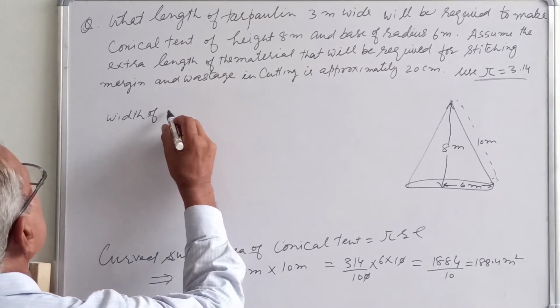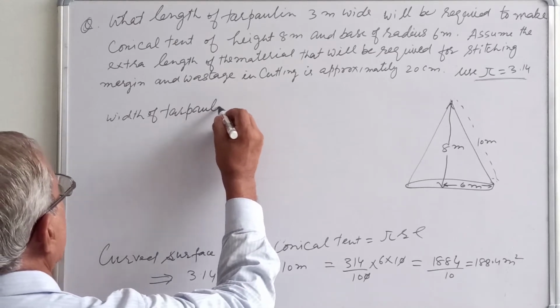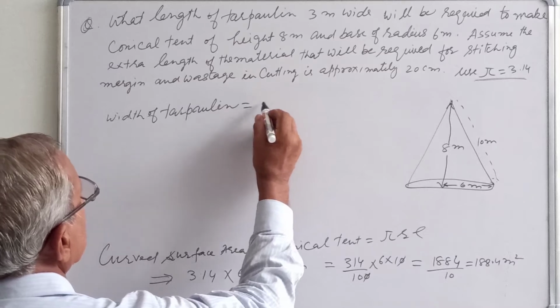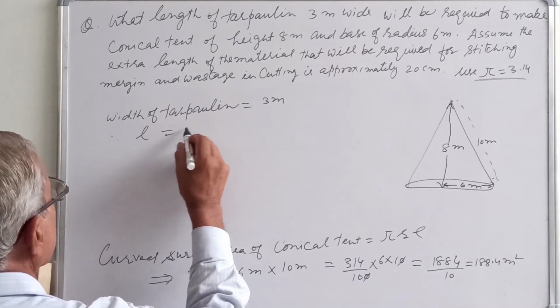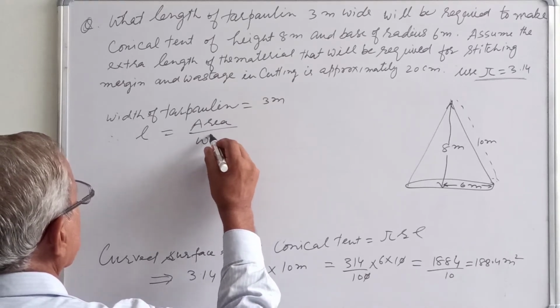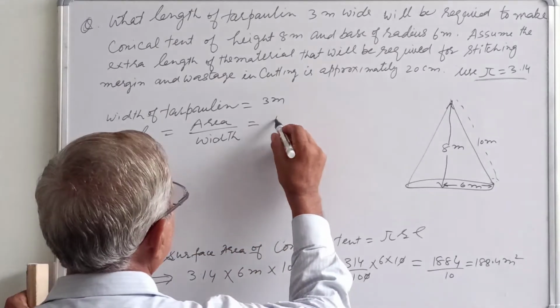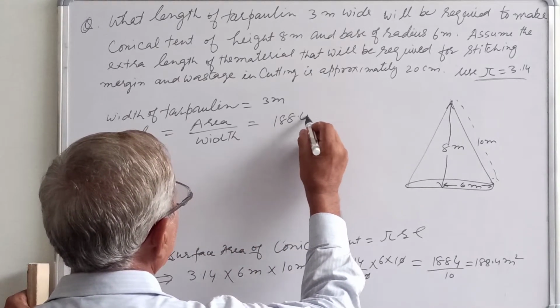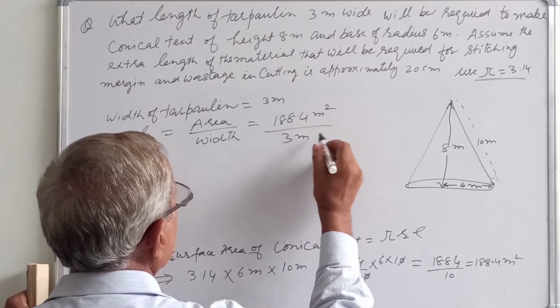Width of tarpaulin is 3 meter. Therefore, length will be area divided by width. Area is 188.4 meters square divided by 3 meters.